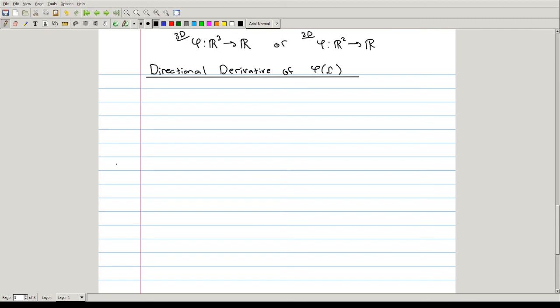The main idea is that we're going to consider a point r in the domain, and a unit vector u hat representing a direction.